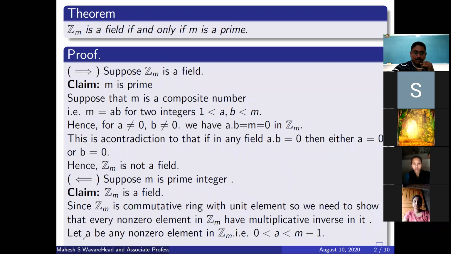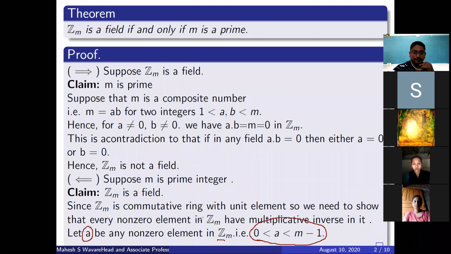So you just write any non-zero element there. This is a non-zero element of Zm, meaning it is not zero or not m; it may be anywhere here. Then what do we want to show?